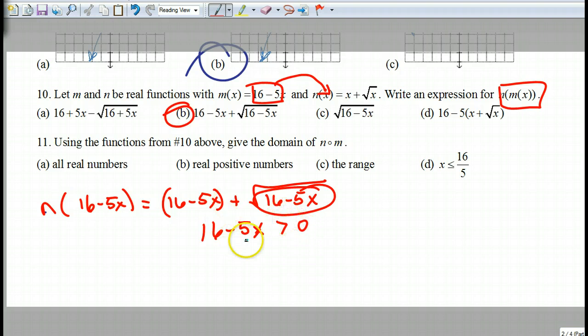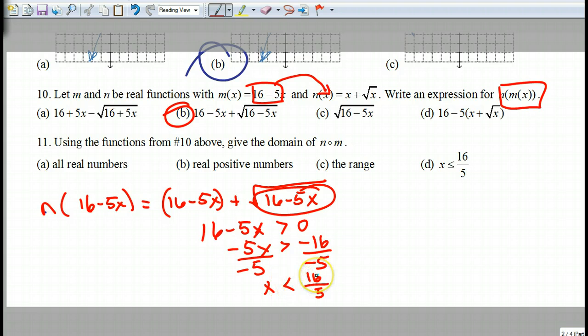Okay? So if we solve for x, we got minus 5x greater than negative 16, because I'm subtracting 16 from both sides. Then I divide both sides by a negative 5. Okay? So 16 divided by 5, I'm just going to leave it like that. It becomes a positive. What happens when we divide an inequality by a negative? It changes direction.